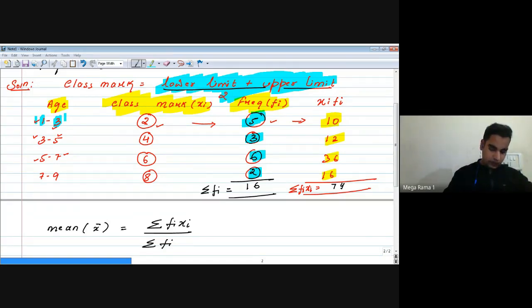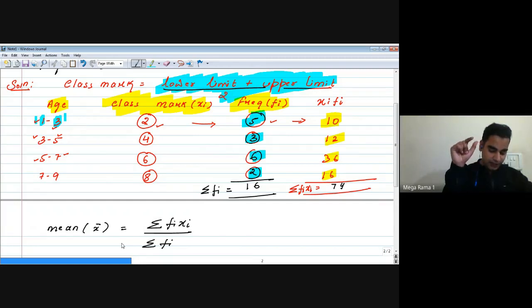What if the age is a total odd number? Total odd number means 2 plus 1, then the class mark will be 2 plus 1 by 2, which is 1.5.